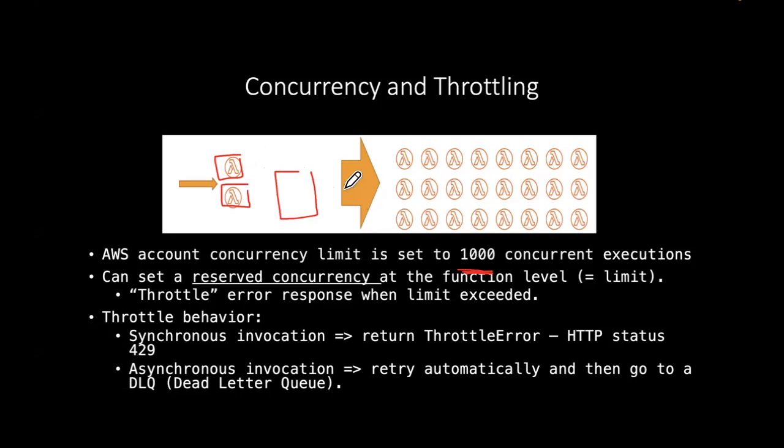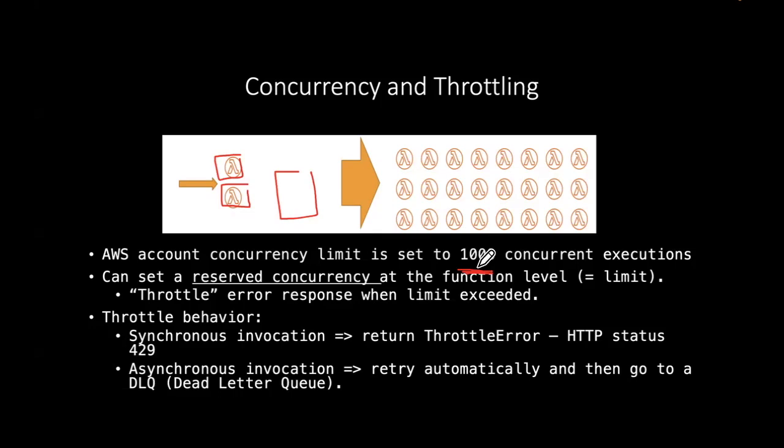So if you had an application that had 10 Lambdas and there was a high volume of events targeting each of those Lambdas, it would do the scaling up, but once it hit that 1,000 mark for the total number of micro VMs that it has running on behalf of your account, once it hits that upper limit, then it starts returning what are called throttling errors.